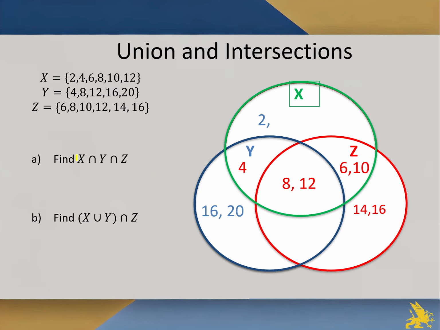The question here says find X intersect Y intersect Z. So it must be all of them. If it's all of them, then it has to be this middle area here. It's the only area that crosses into all three circles. That means if I'm wanting to find that, draw my brackets, I'm going to have 8, comma 12.